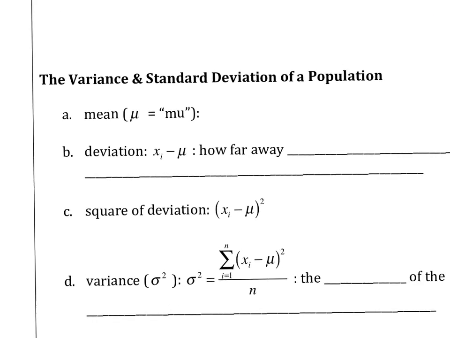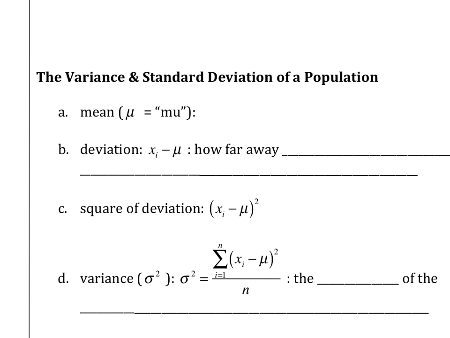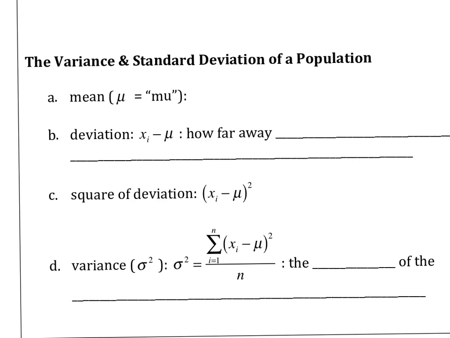All right, let's walk through some vocabulary. It's going to take you a while to get used to the X sub 1, the mu, the sigma, because we're going to get into Greek math today. So the first one here, mean. When we are talking about population, people, number of people, etc., we're going to use Greek letters.